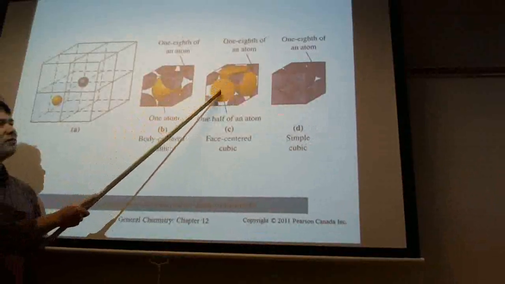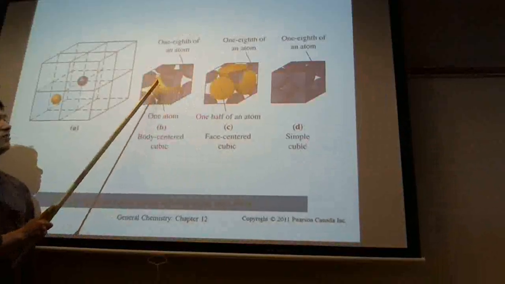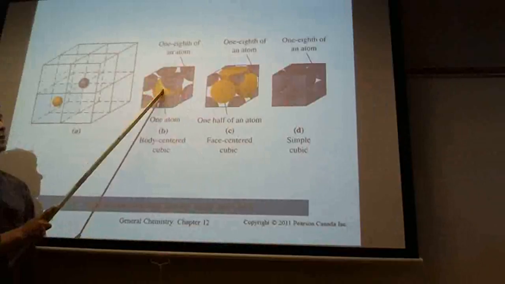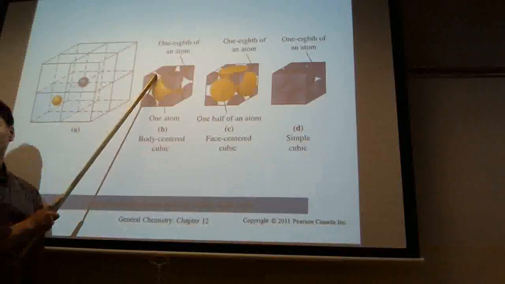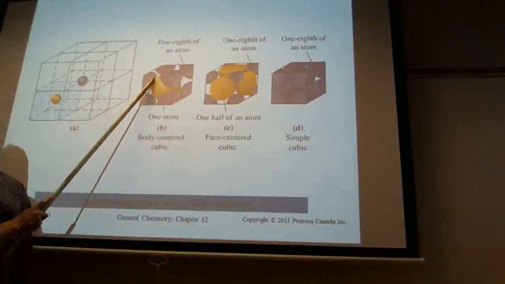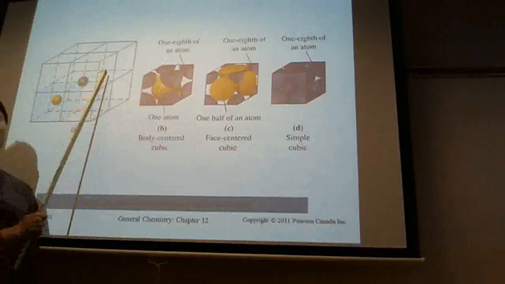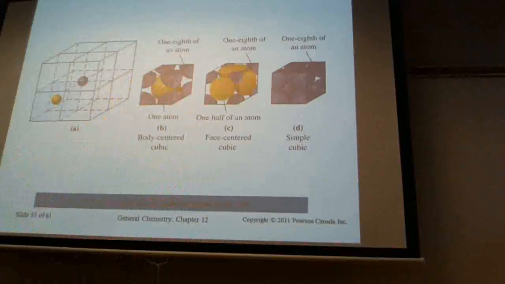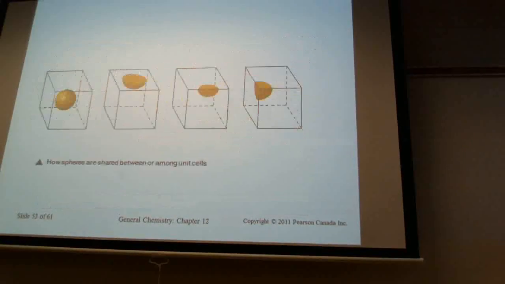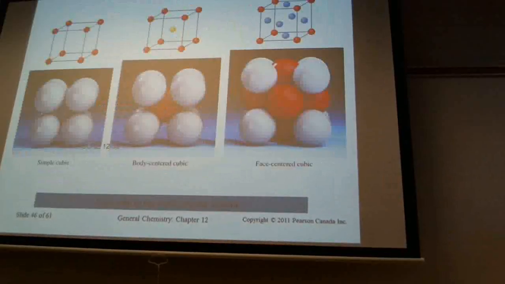Only 1/2 of a face atom is in the brick. An internal atom is completely in the brick. If there's an atom along the edge, only 1/4 of that atom is in the repeating brick. In order for this to stack properly, we have to slice the atoms in half. Otherwise, they don't stack properly. They're not the repeating unit. So did you guys build the body-centered cubic?